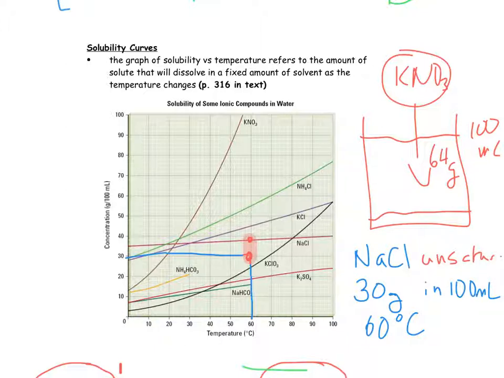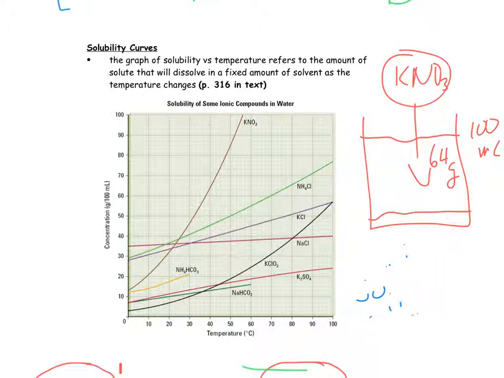Okay, so let's try another example. I'm going to get rid of some of this, and then we'll see how you do. Okay, so next problem. I'm going to make this a little harder for you. In this case, I'm going to choose NH4Cl, and let's describe NH4Cl at 80 degrees Celsius.